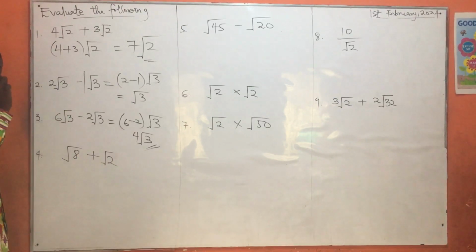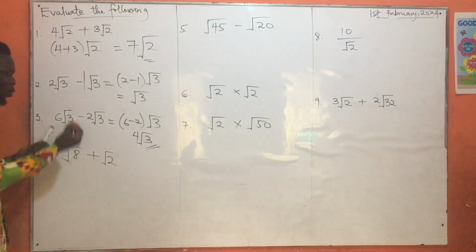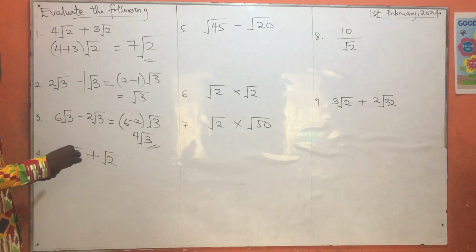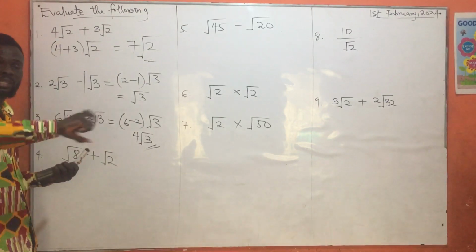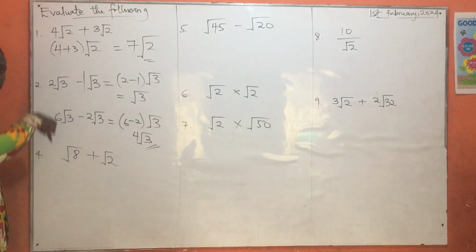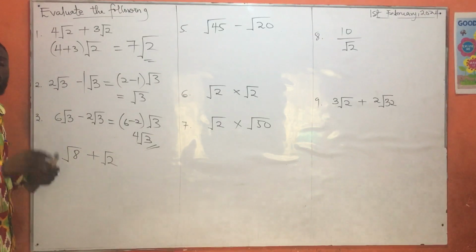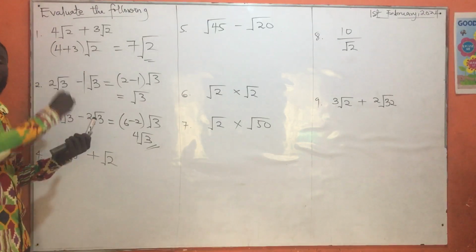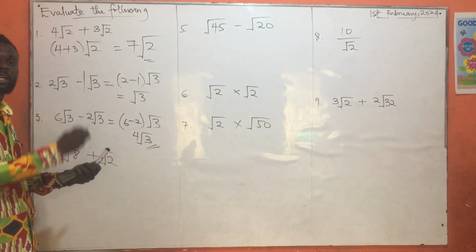Because they are not the same, we are going to work it out in such a way that we get the same surds for the two terms. Now this root 8 can be written in a basic form, which we've treated, how to write surds in a basic form.